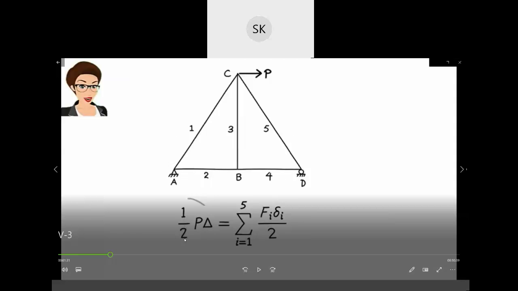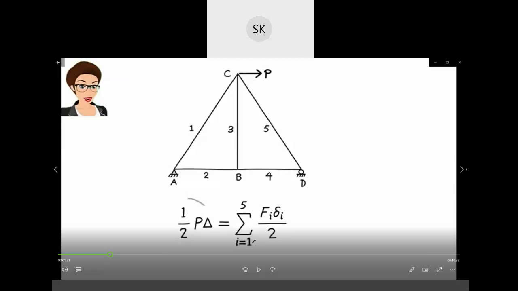This shows half P into the deflection is equal to the summation of all the internal energy. Fi means force in one member. I is designated from 1 to 5 because here there are 5 members.